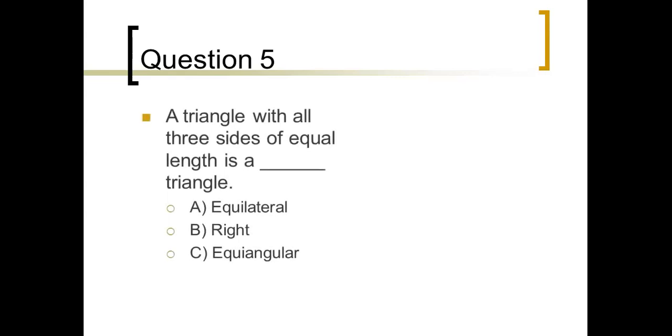A triangle with all three sides of equal length is a dash triangle. Once all the sides are equal, it is an equilateral triangle, right? We saw a similar question where we found equiangular for equal angles, equilateral for equal sides as well, right? They are correct. So let's go on.